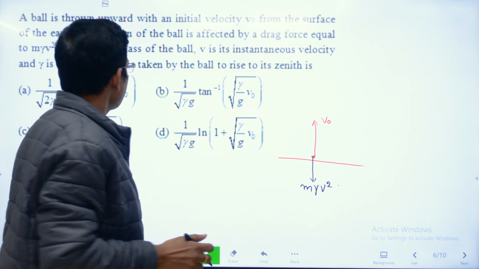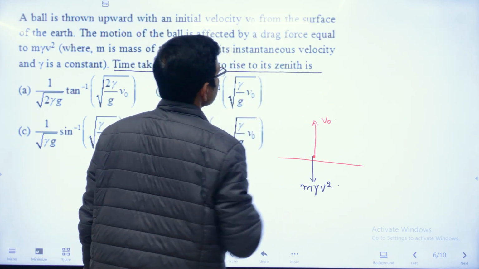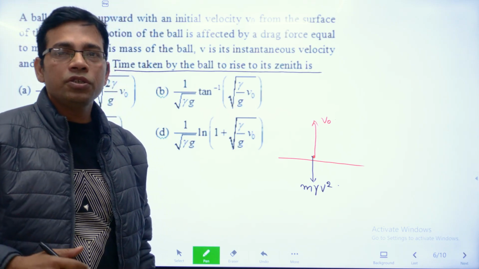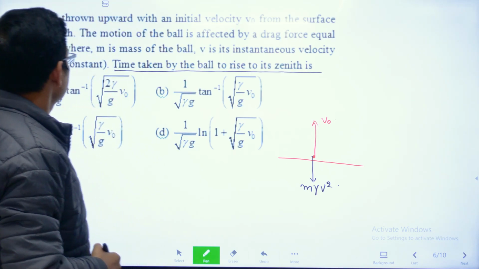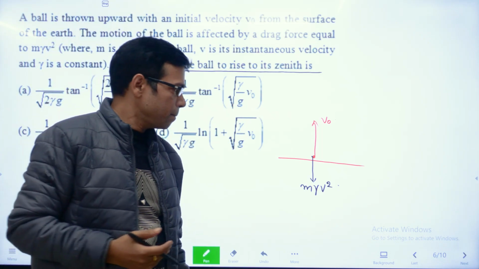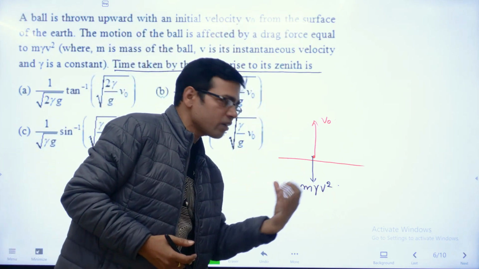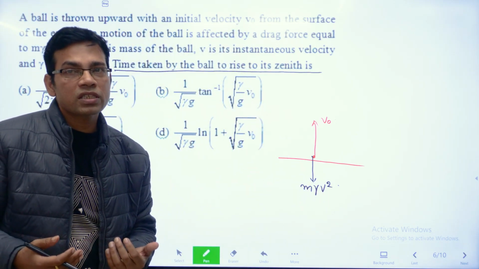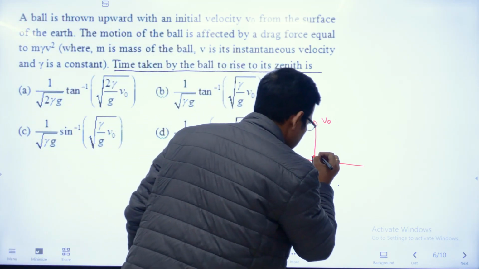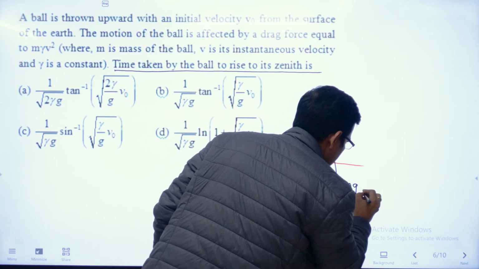अब इसमें मुझे बताना है कि what is the time taken by the ball to rise to its zenith. Zenith means जहां पे इसकी वेलोसिटी जीरो हो जाएगी. So this is the drag force. ड्रैग फोर्स के साथ साथ इसमें ग्रेविटेशनल फोर्स भी नीचे लगेगी, that is mg.